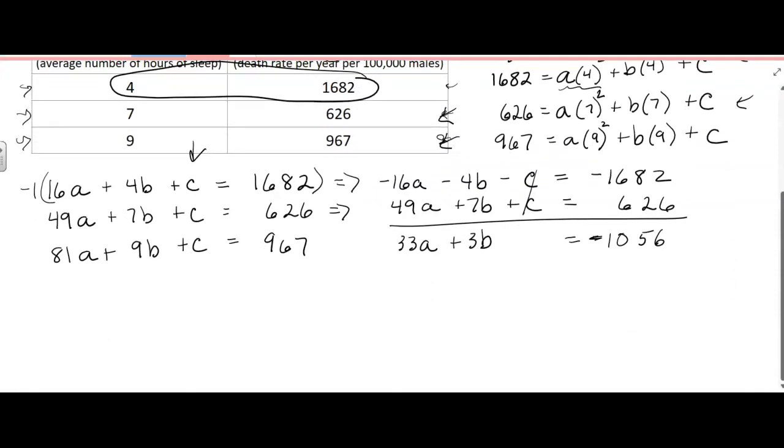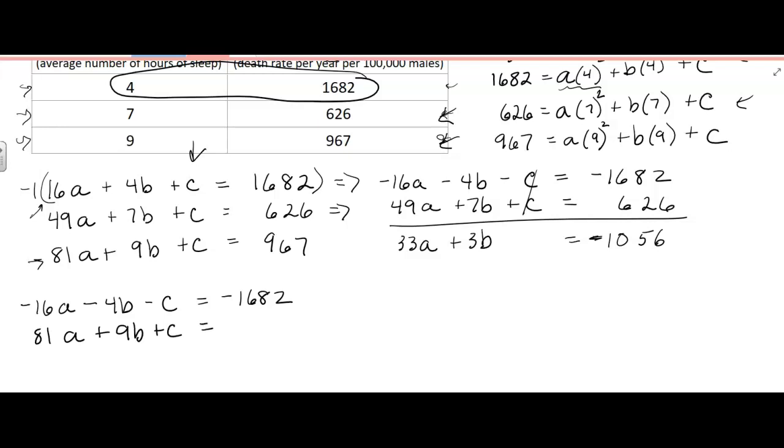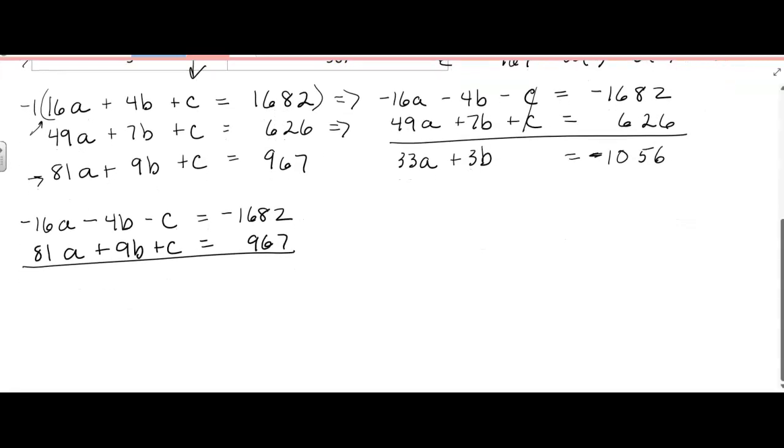All right, now what if I took the top equation and the bottom equation to eliminate C? So I have negative 16A, again multiplying by -1, minus 4B minus C equals negative 1,682. And then the bottom equation, I have 81A plus 9B plus C equals 967. I'm going to combine those equations.